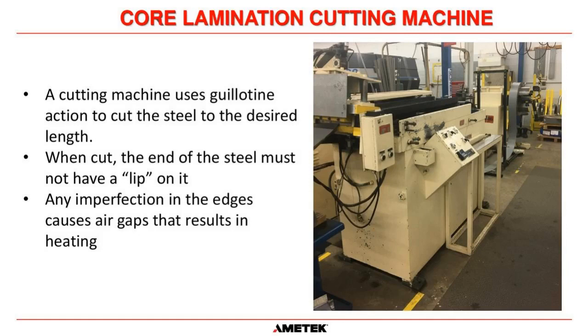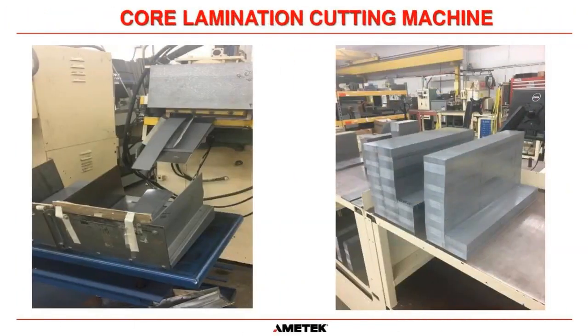If it did have a lip on it, it presents air gaps, and the air gaps, because the steel can't fit together properly, result in heating. So the core runs hot, the transformer runs hotter. Here is the end of the cutting machine, and I think we may have a video for this.